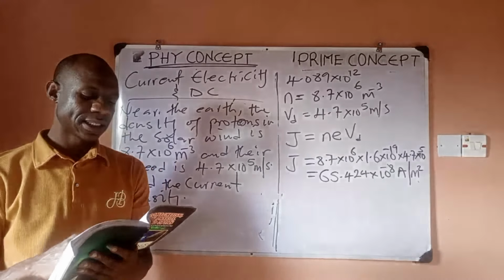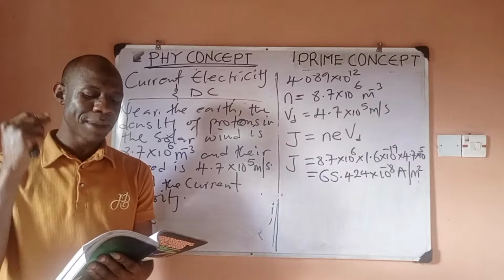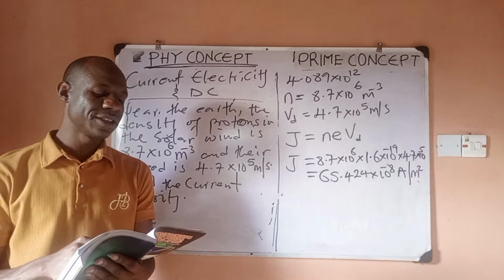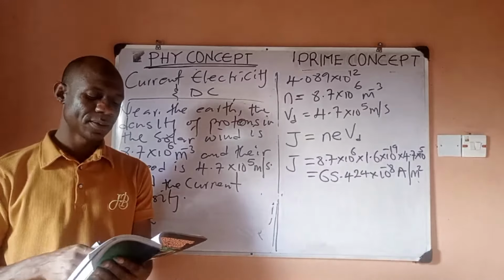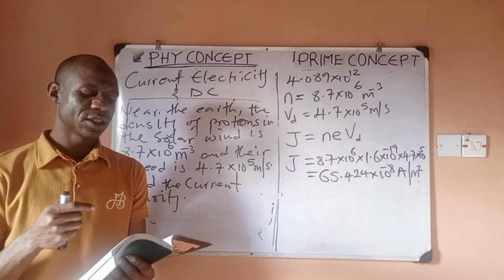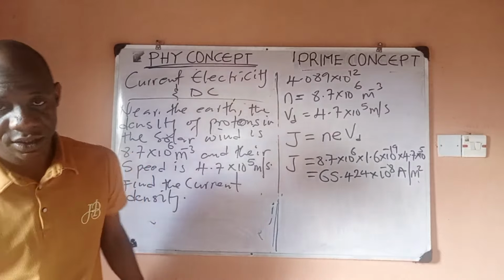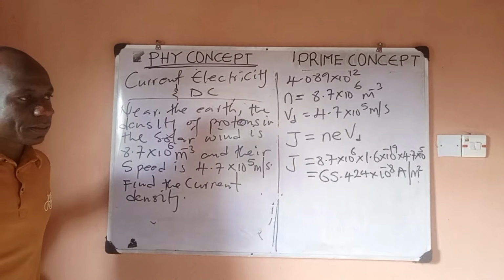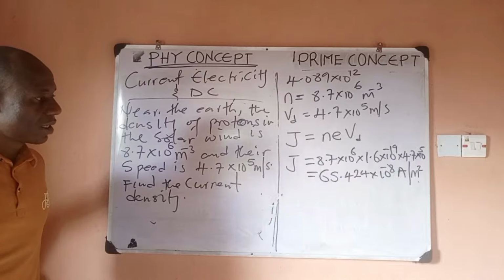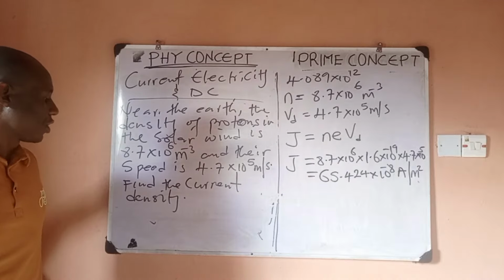Now there's a second part to that question. The second part says, if the Earth's magnetic field did not deflect them, the protons would strike the Earth. What total current will the Earth receive? So they are just asking for what the total current will be in this case. Do we have sufficient information to find the total current?